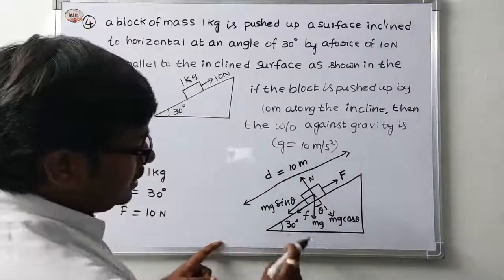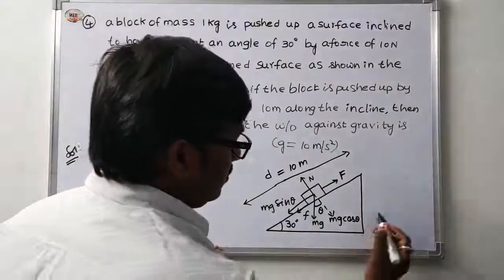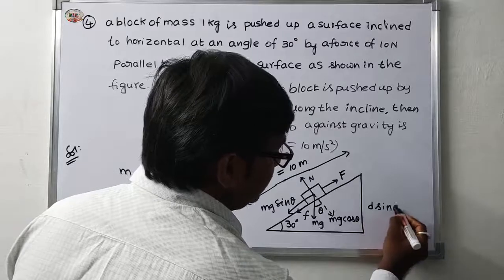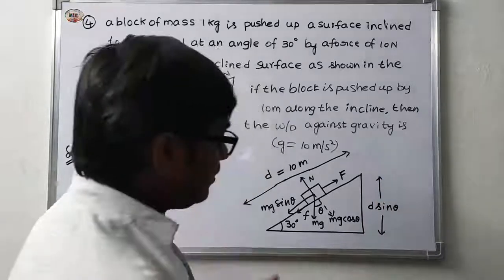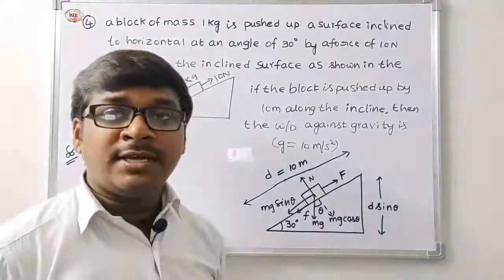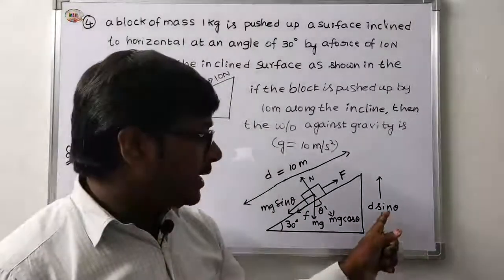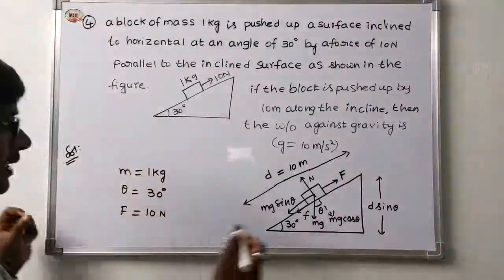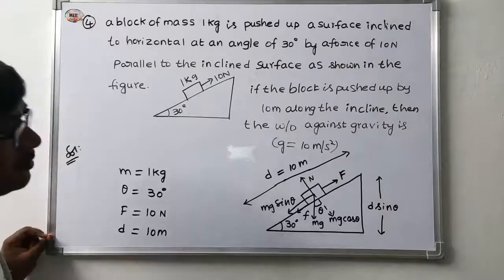The opposite side is taken as d sin theta. This is the height. The horizontal component is d cos theta. I take d sin theta, that is the height. In this one, d is equal to 10 meter.